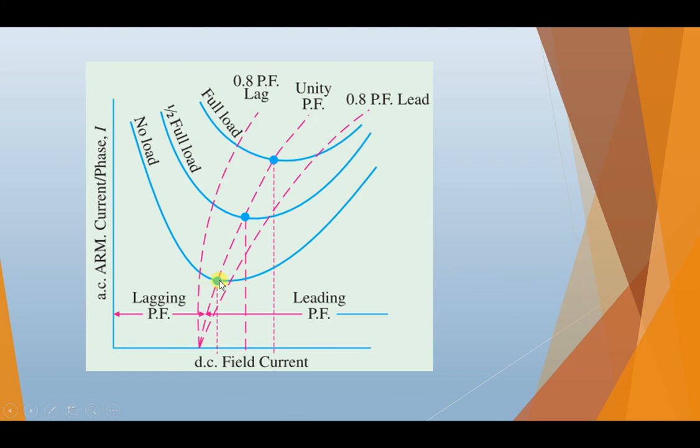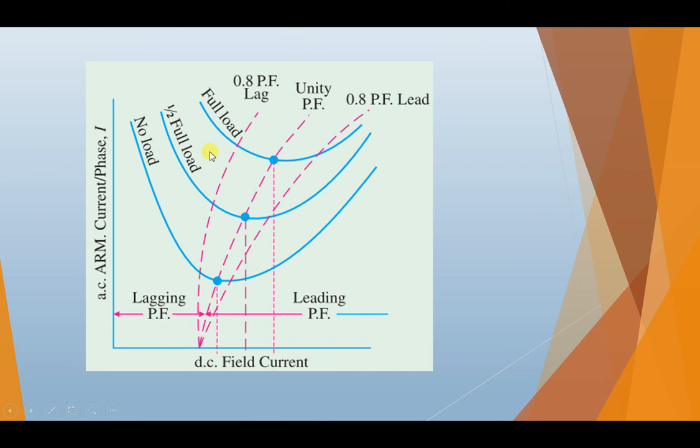After this, when we increase the DC field current further, the armature current starts to increase, and it is in the leading position, as it is overexcited in this position.